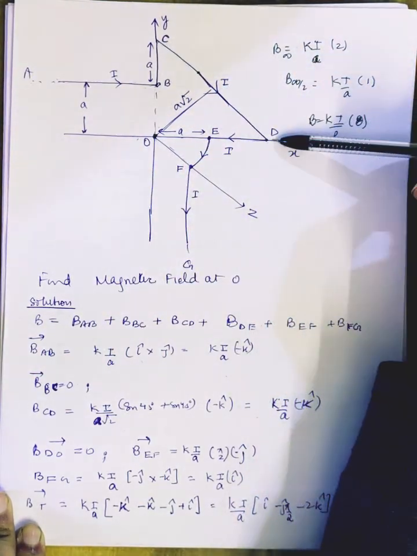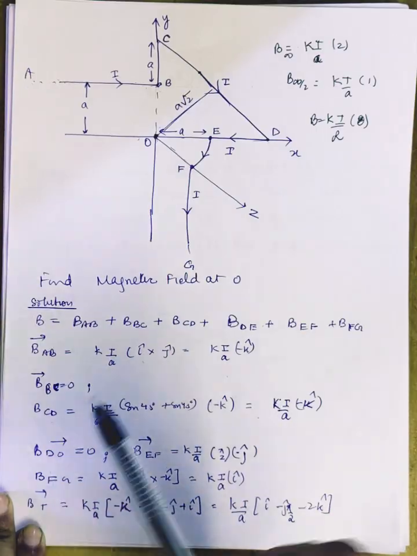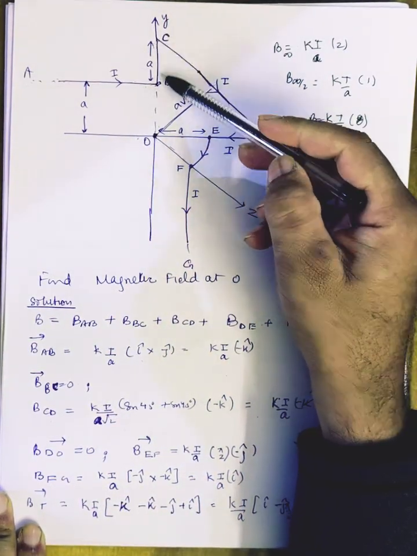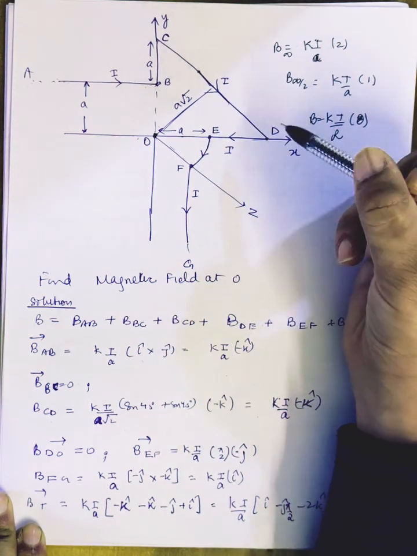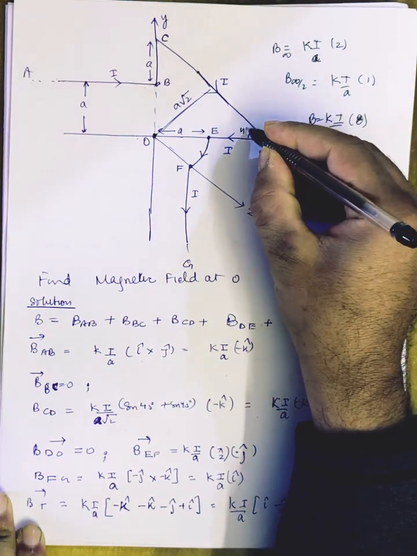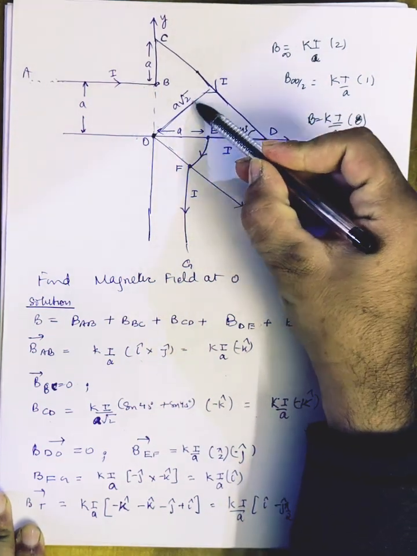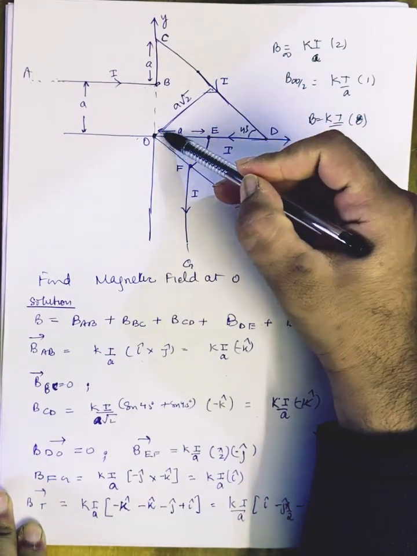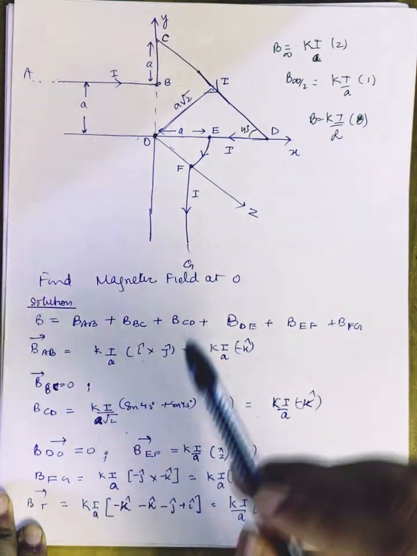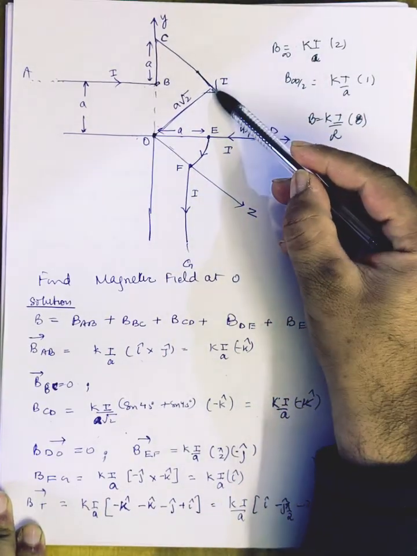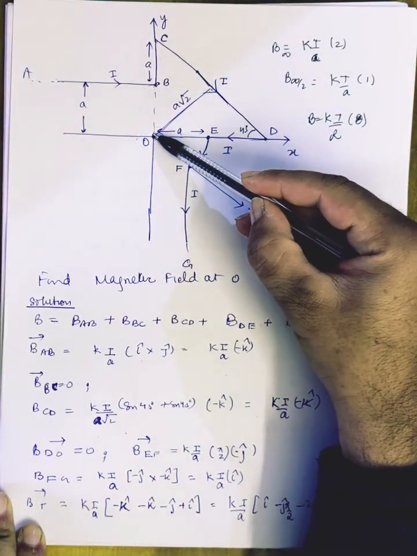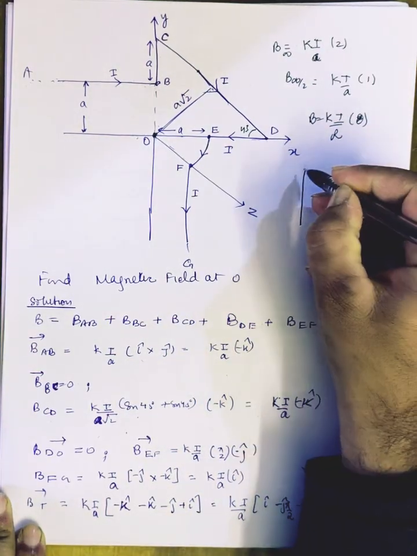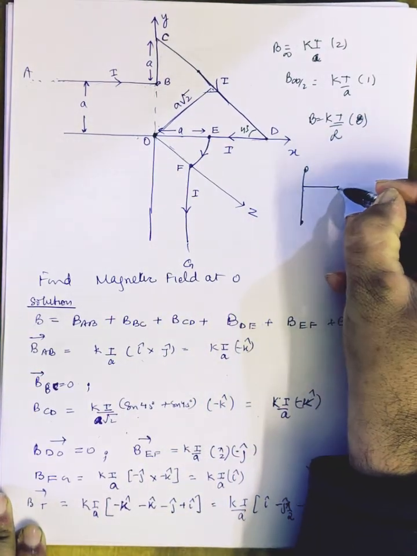Then we'll talk about CD. This was given in the question only, however you could have calculated it. This was given as 2A, this was given as 2A, and 45 degrees was also given in the question. So this was given already, and I was not supposed to calculate it. So Ki by A root 2, as I told you, you take the perpendicular distance from the wire to the point of interest. Sin 45 by sin 45 is like for a finite wire, wherever the point is.